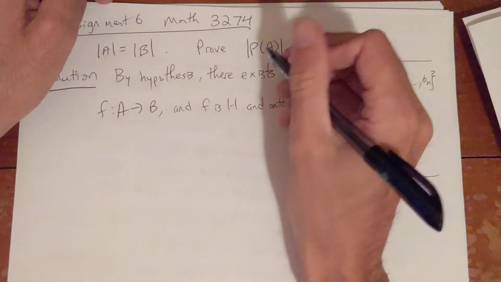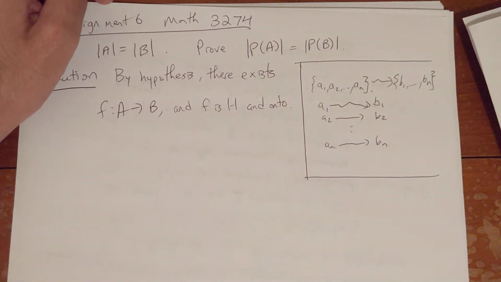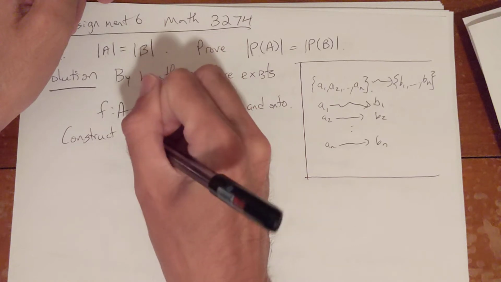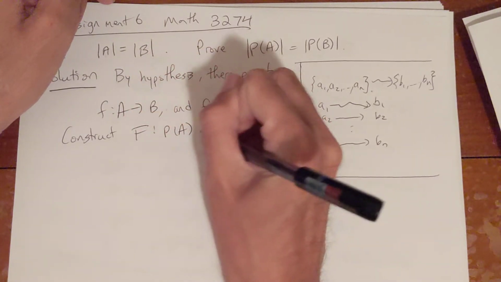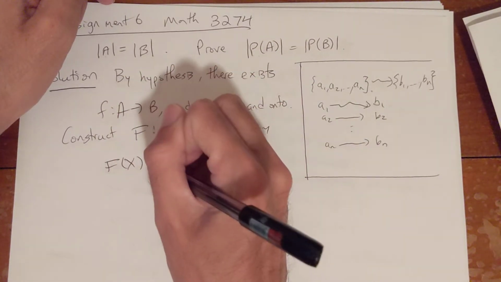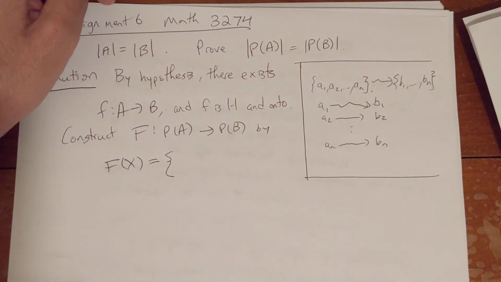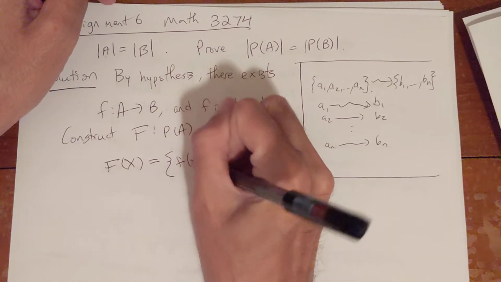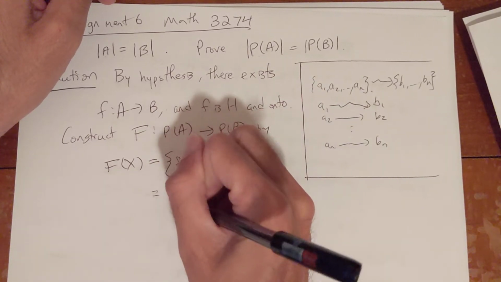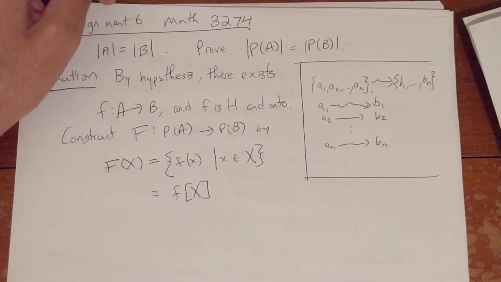Now we have to construct a function from the power set of A to the power set of B. Let's call it capital F. Construct capital F from power set of A to power set of B by F of X, for a subset X of A, that's just going to be the set of all f of little x such that x is in X. Or in other words, we get a notation like this, f of X.